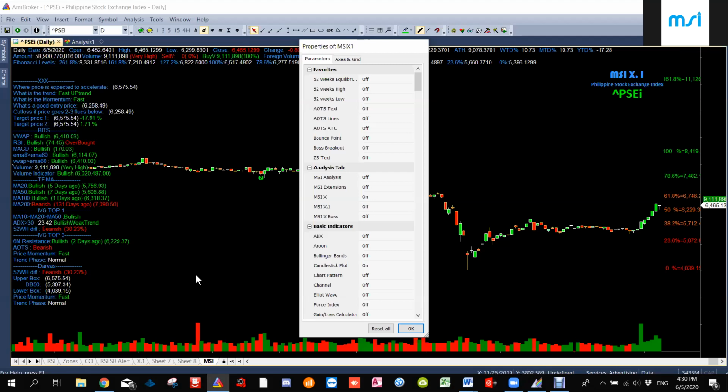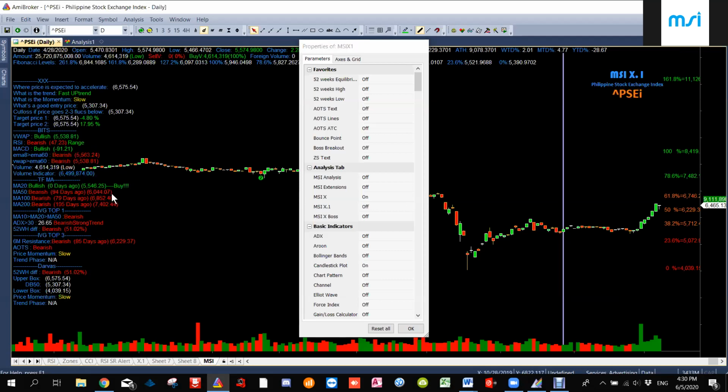For example, the TFMA, this is a trend following system, no? So if mag-start na mag-bullish yung MA20, so that's the time you buy. Okay, so bibigyan niya rin kayo ng buy and sell signal. Katulad niyan, probably dyan nag-crossover yung ating MA20.